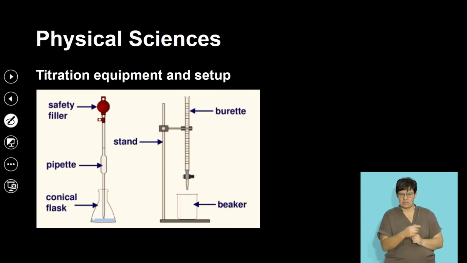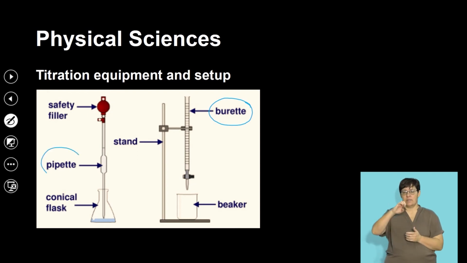We know that there's a burette which is calibrated to give us the volume of a solution that was used in a reaction. Then we also know of a beaker, which will contain some substance which has been measured or pipetted. The pipette measures a fixed volume of a solution.